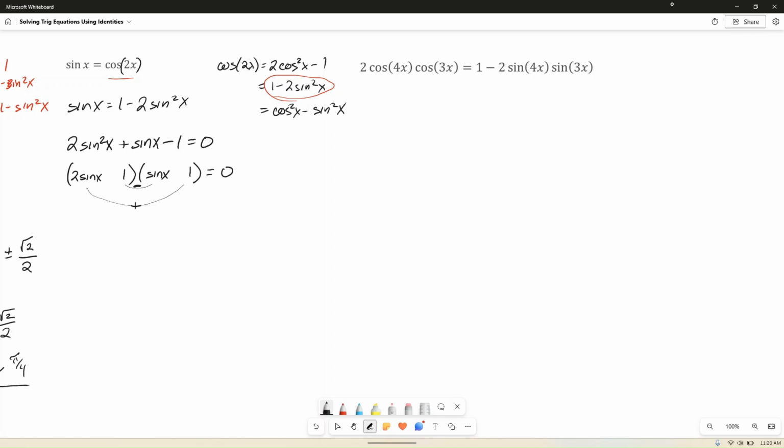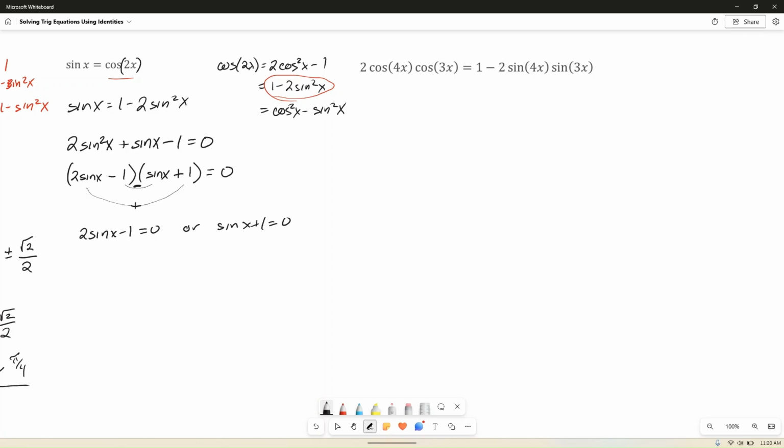So I'm going to make it sine x plus 1, and I'm going to make it 2 sine x minus 1. All right, so we can then take each of those factors, break them apart, and set them equal to 0. So we'll have 2 sine x minus 1 is equal to 0, or we'll have sine x plus 1 is equal to 0.